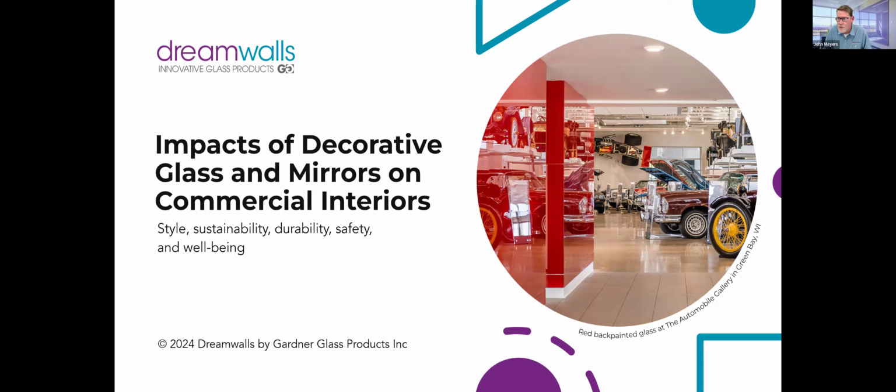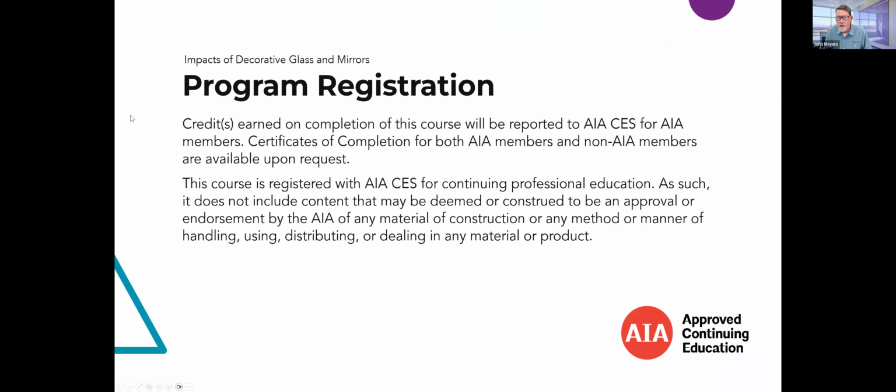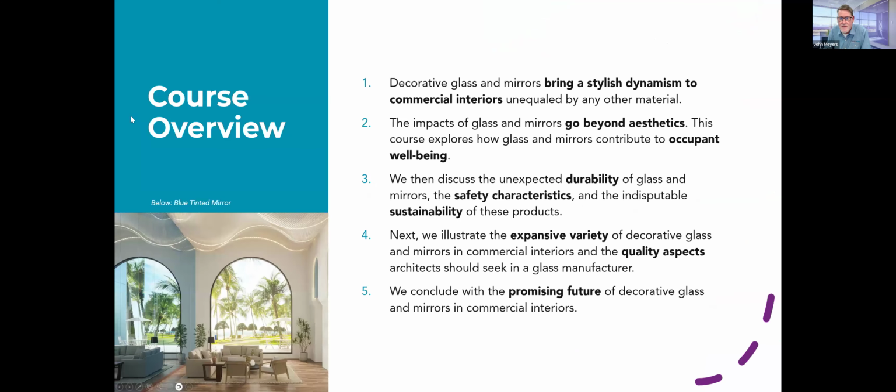I'm not going to read everything the whole time, so I'm going to go past this. I will read this page because this is what we're going to be doing today. Decorative glass and mirrors bring a stylish dynamism to commercial interiors unequaled by any other material. The impacts of glass and mirrors go beyond aesthetics. This course will explore how glass and mirrors contribute to occupant well-being.